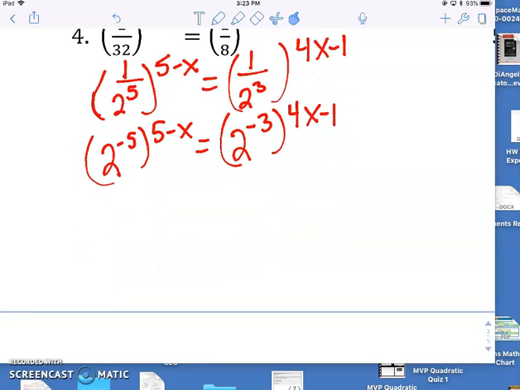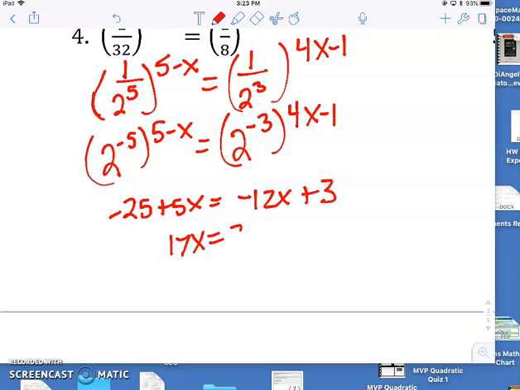So our bases are the same, so if we distribute here, negative 25 plus 5x equals negative 12x plus 3. So we'd have 17x equals 28. So x equals 28/17. I think I did the math right.